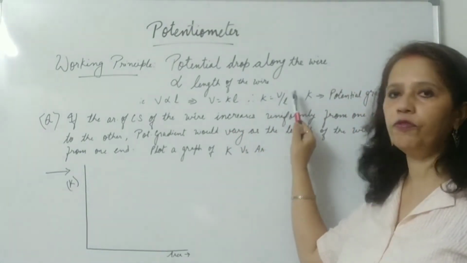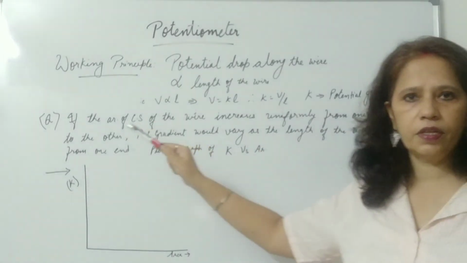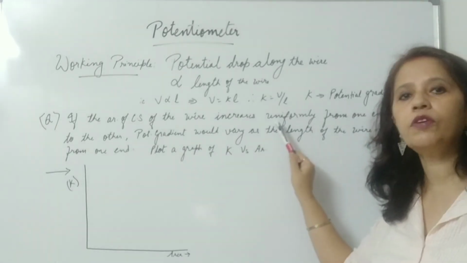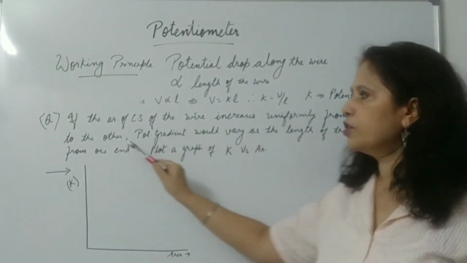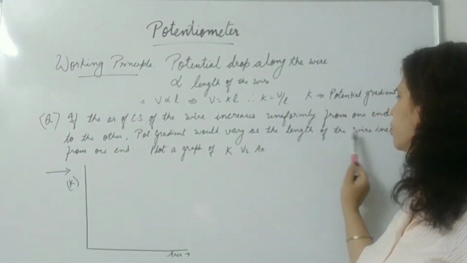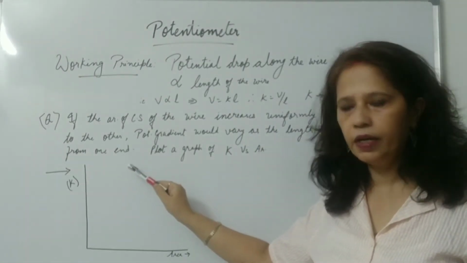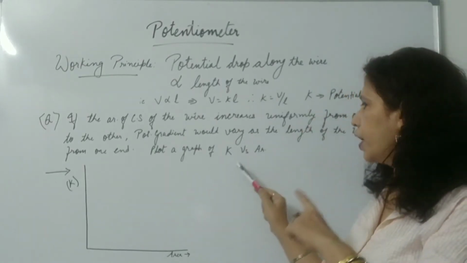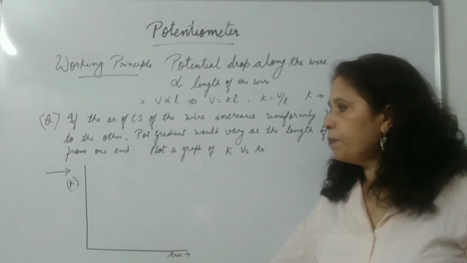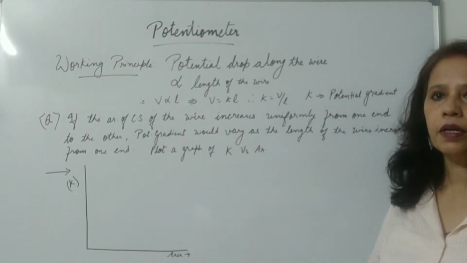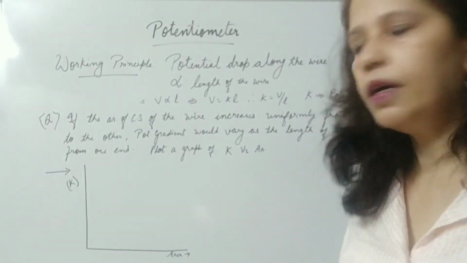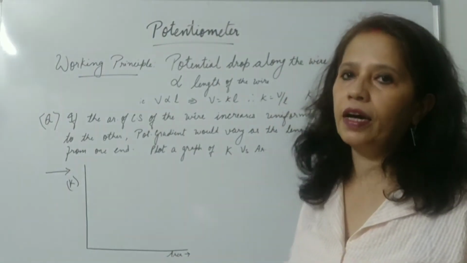So K is equal to V upon L. Now the question is here, children: if the area of cross section of the wire increases uniformly from one end to the other, potential gradient would vary as the length of the wire increases from one end. Plot a graph of K versus area of cross section. So we will plot a graph by putting K on the y-axis and area along the x-axis.